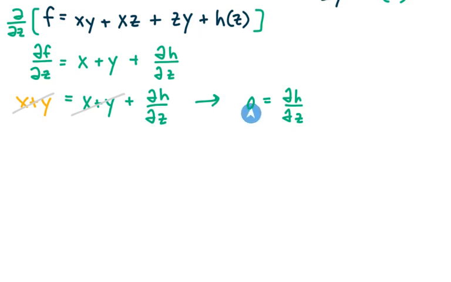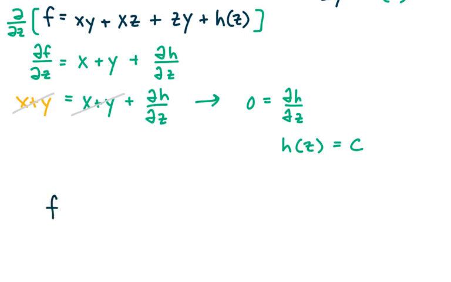And if the derivative is 0, that must mean then that h of z is going to equal some constant. And I do not need to write this as a function of a variable because we already dealt with all three of our variables, x, y, and z.